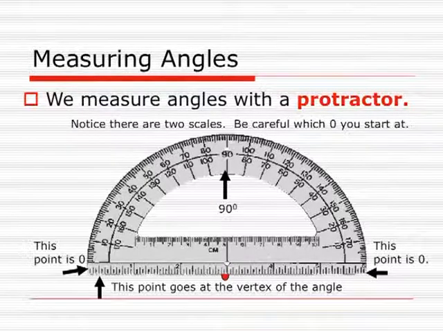This point must be exactly on the vertex where we have to make or measure the angle. The line lying with this 0 degree should be on one of the arms of the angle which we are measuring, and then we have to read very carefully from the right top the grading, or the measurement of the angle.